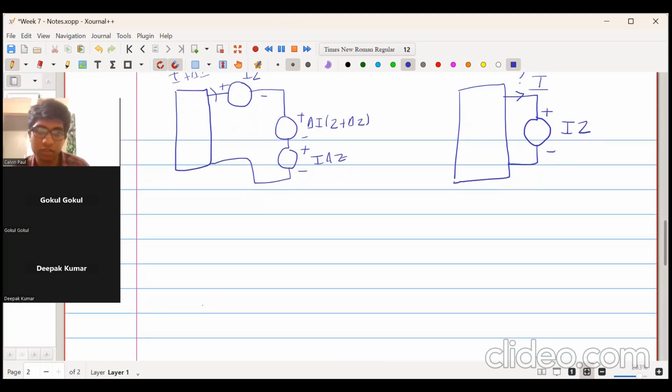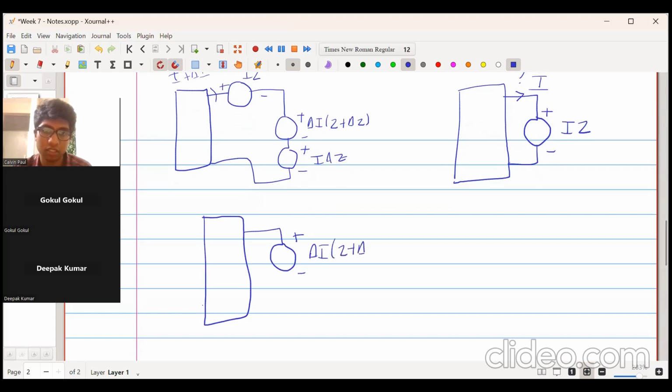The new circuit will be like this, with delta I into Z plus delta Z and I into delta Z over here. And the current which will be flowing is delta I. In this case, all the voltage sources in the network are shorted, and all the current sources in the network are left open.